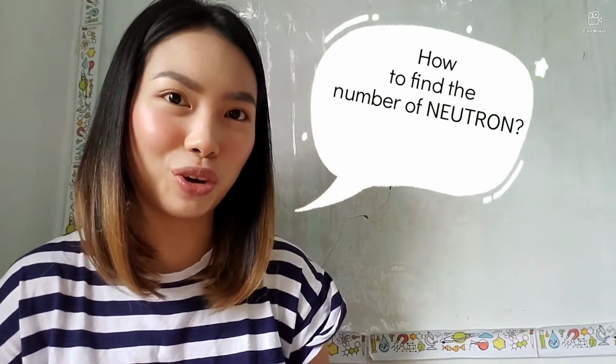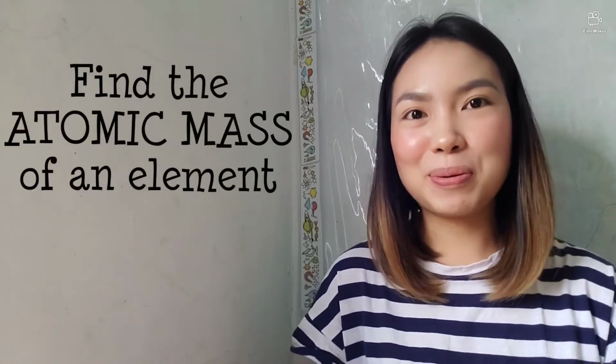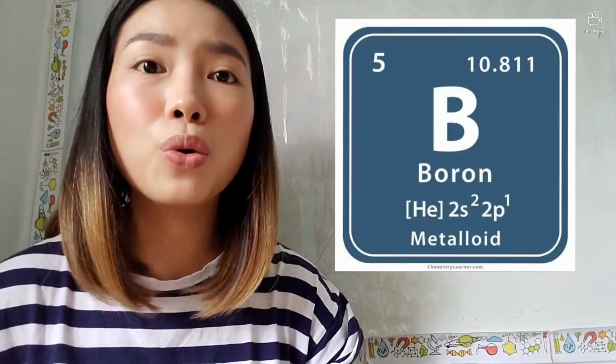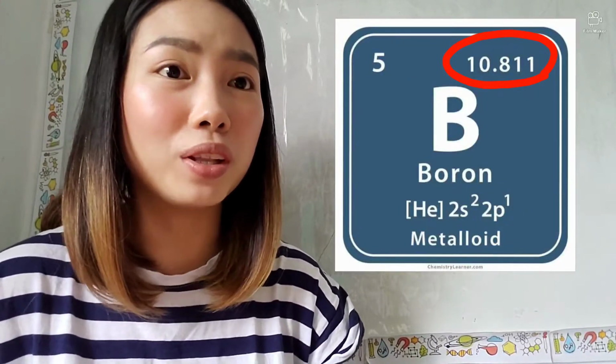So ngayon, alamin naman natin how to find the number of neutron of an element. To find the value of neutron, look for the atomic mass of an element. Once you find the atomic mass of the element, the first thing that you should do is to round the atomic mass to the nearest whole number.